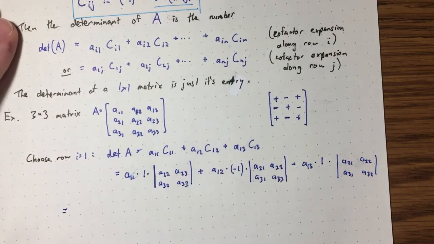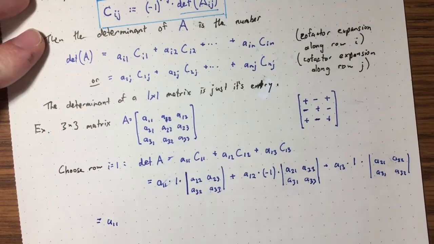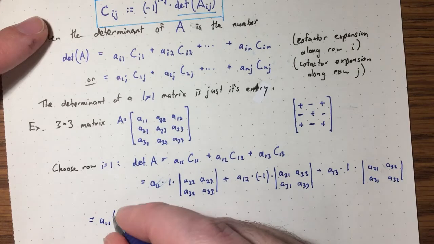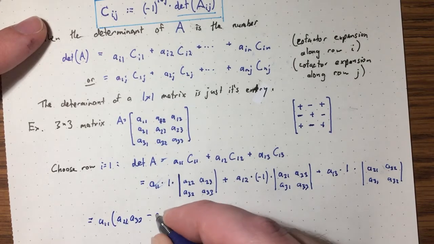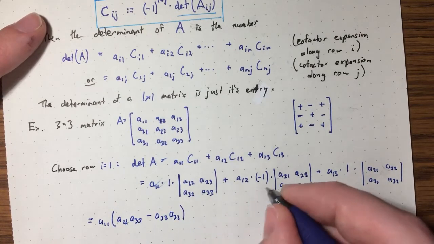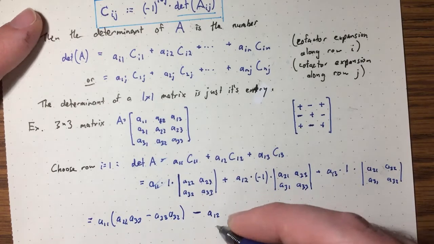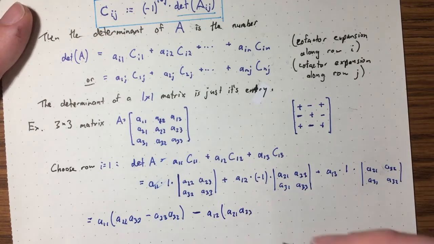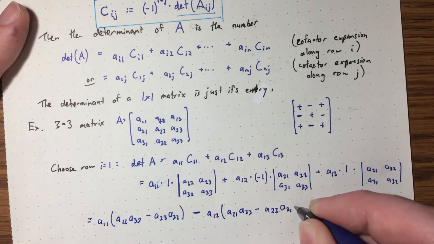What is this actually going to equal? Well, it'll be A11 times 1 times the determinant of this. We already have a formula for the 2 by 2 case, so we can just use that. So it's A11 times (A22 A33 minus A23 A32), plus, I have a minus 1, so I'll just write minus A12 times (A21 A33 minus A23 A31).